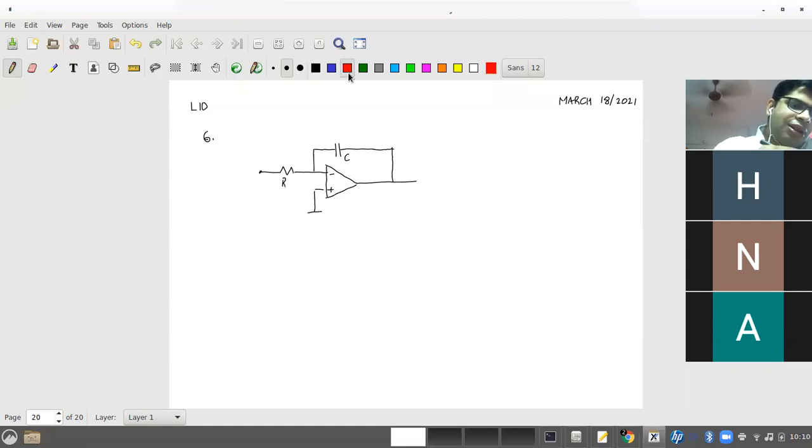Let me give an input here. This is V in, and I'm looking at V out over here.